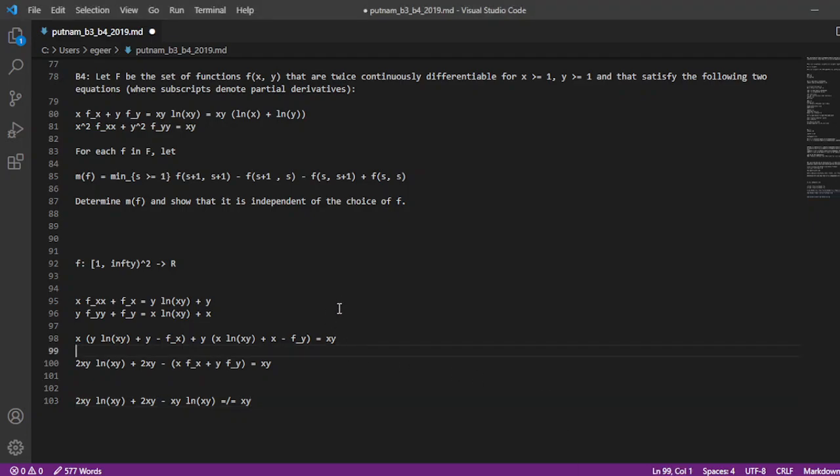Okay, I didn't really expect this to go like this, but I'm totally mystified right now. Why what I'm showing seems to imply that there cannot be such a function f. And I'm not sure what I'm messing up.